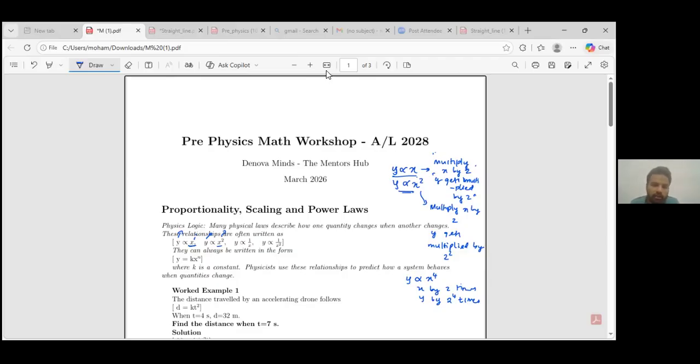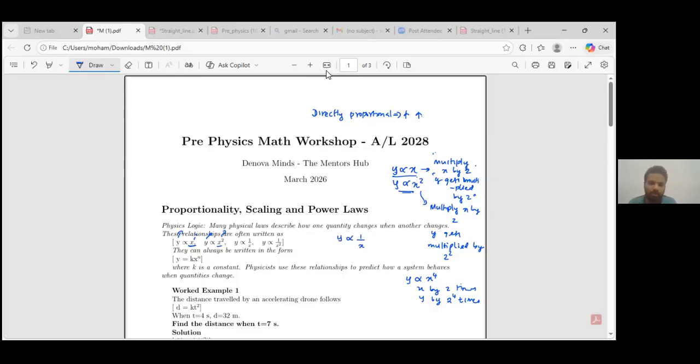Also, these two types of proportionality we have here can be classified as directly proportional. We call it directly proportional because when you increase one quantity, the other quantity also increases. But there are other relationships, for example, y is proportional to 1 over x.